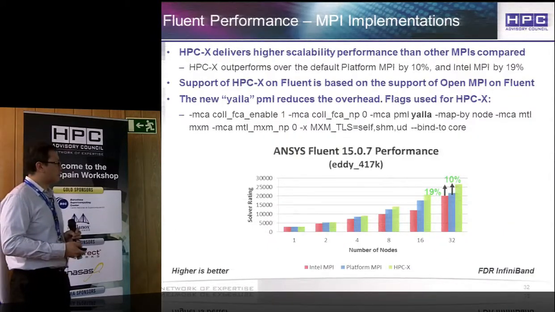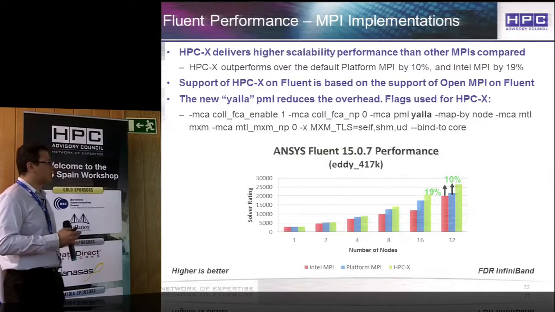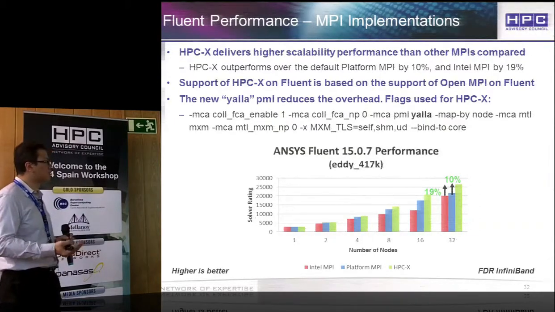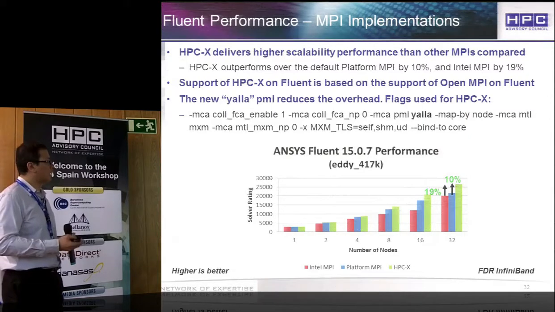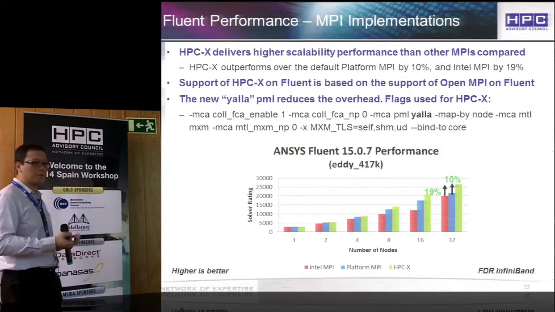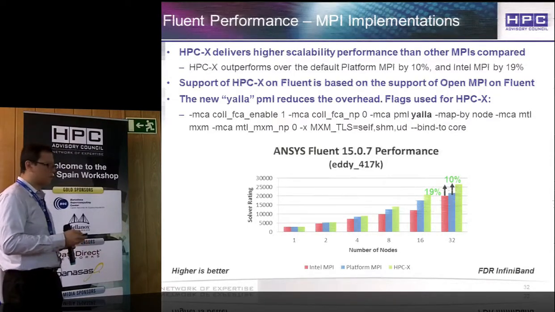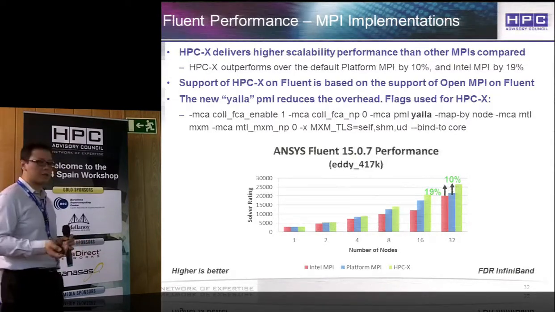Before I dive into the other areas, I want to show something similar to what I had before. I'm trying to see if using a different MPI implementation will make a huge difference. For this particular application, Platform MPI is the default MPI being used, so it usually gives you pretty good performance out of the box.